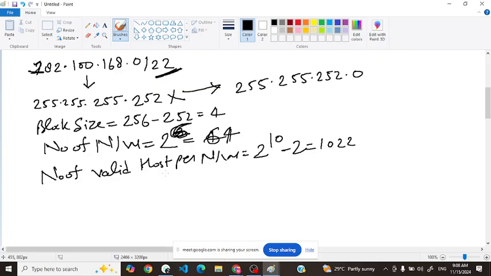Once you solve any question, first follow that formula and put the values according to it. Whether it is class B, class C or class A, the formula will be the same. Are you getting my point?